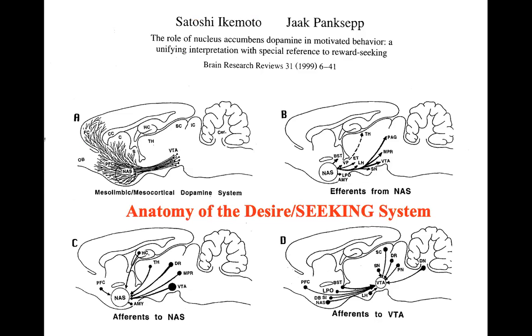So here's a little bit about the anatomy of the reward or the seeking system. So you've all heard about the mesolimbic, mesocortical, dopaminergic system. And so in the positive symptoms of psychosis, not necessarily meaning desirable, but in the sense of something is happening, we aim to block the mesocortical dopamine system.